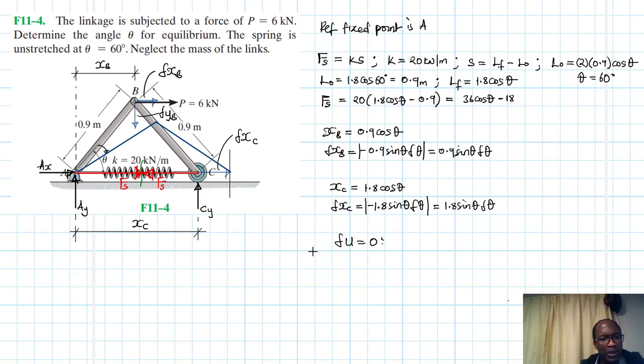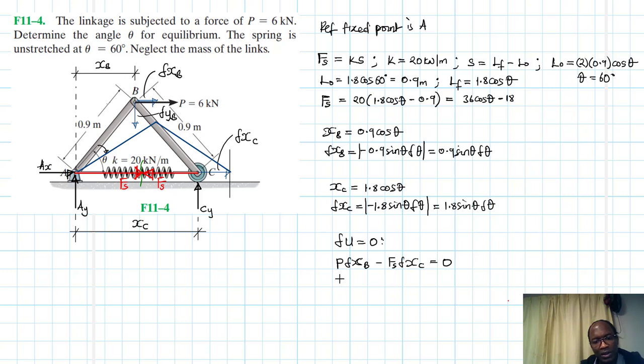At B, both the virtual displacement and the force are in the same direction, therefore we expect a positive virtual work, so we'll have P del xb. Then at C, we have a virtual displacement in the opposite direction of the spring force, so we'll have a minus Fs del xc equal to 0.